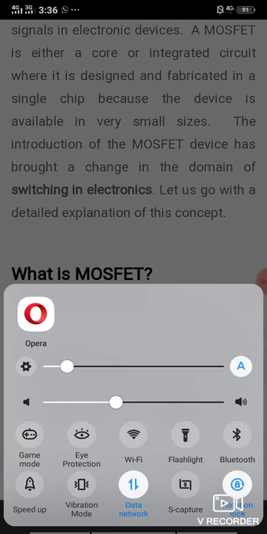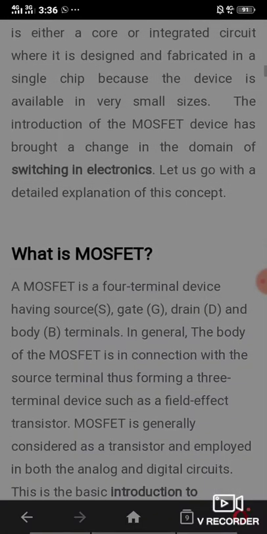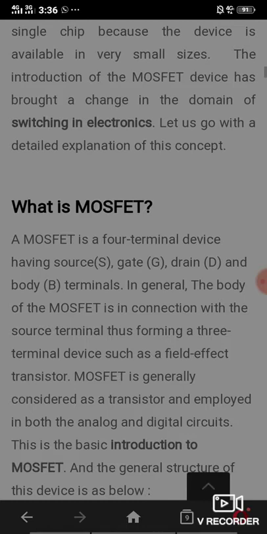What is MOSFET? MOSFET is a four-terminal device having source, gate, drain, and body terminal. In general, the body of the MOSFET is connected with the source terminal, thus forming a three-terminal device such as a field effect transistor.